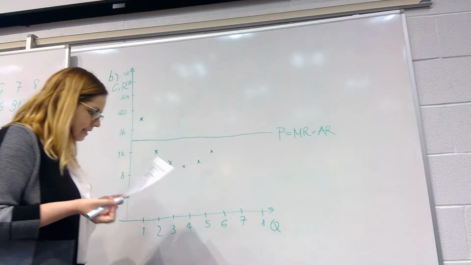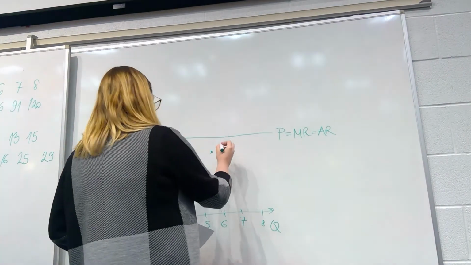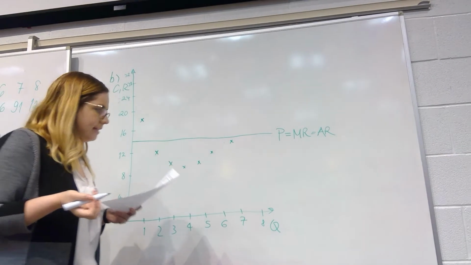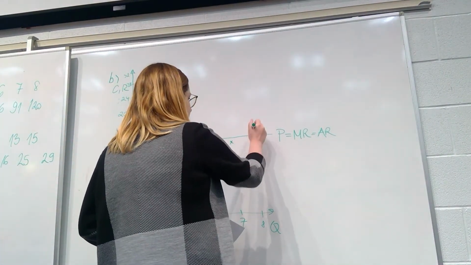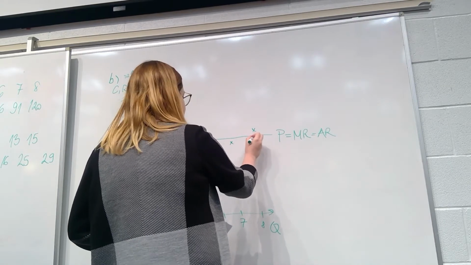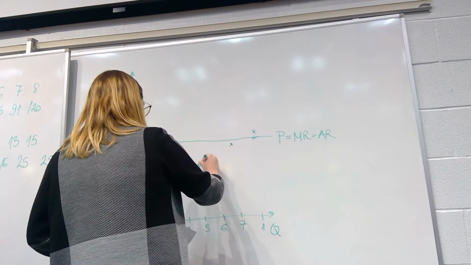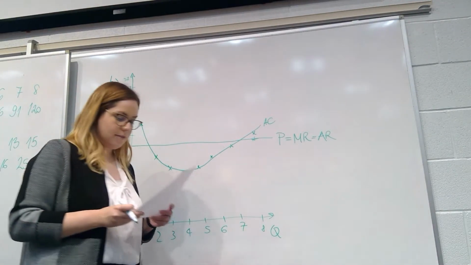If output is 7, our average costs are 13. And if output is 8, our average costs are 15, so slightly above the line. So this is our average cost curve.